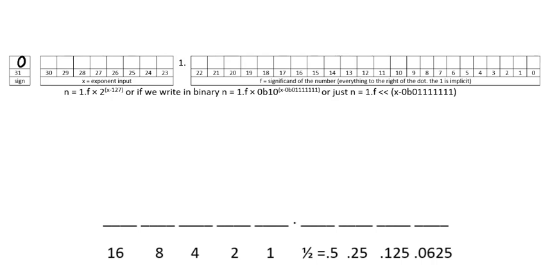So we want the smallest number we can get, which is setting the exponent part to all zeros, right? That's going to result in 0 minus 127. So it's going to get the smallest input we can possibly get, and then we'll set the rest of these to all zeros. So it's not exactly 0, but it's the smallest number that we can represent, and we count that as a 0.